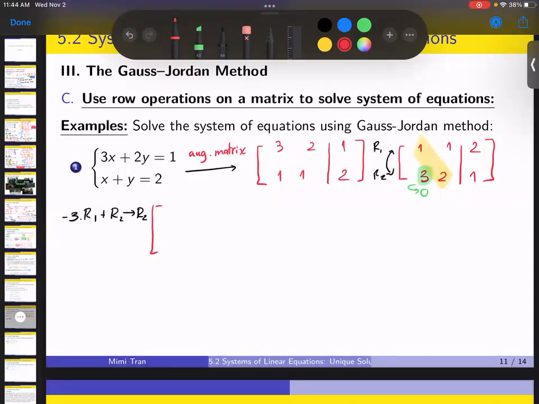So what happened? Row 1 stayed the same, right? So I'm going to rewrite row 1 so I don't forget: 1, 1, 2.